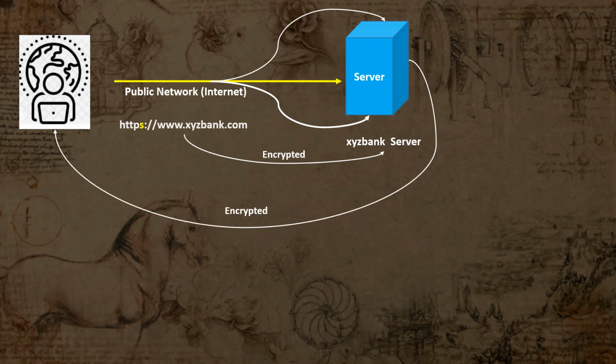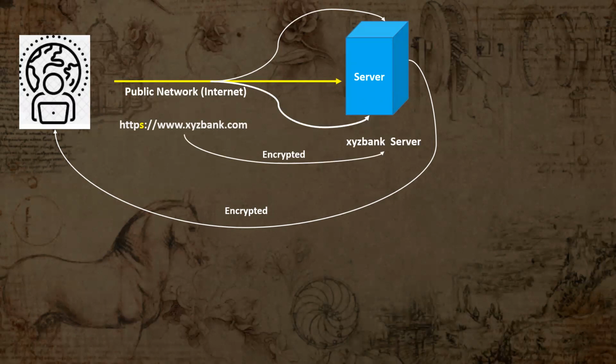Basically, on the browser side you have the public key, and on the server side you have the private key. The work of the public and private key is that whenever they receive encrypted data, they take it back into readable form. Whenever the data moves on your public network, it is in encrypted form. So when data is passed from the browser to the server, the server uses its private key to decrypt the data it received from the browser, which was encrypted by the public key.